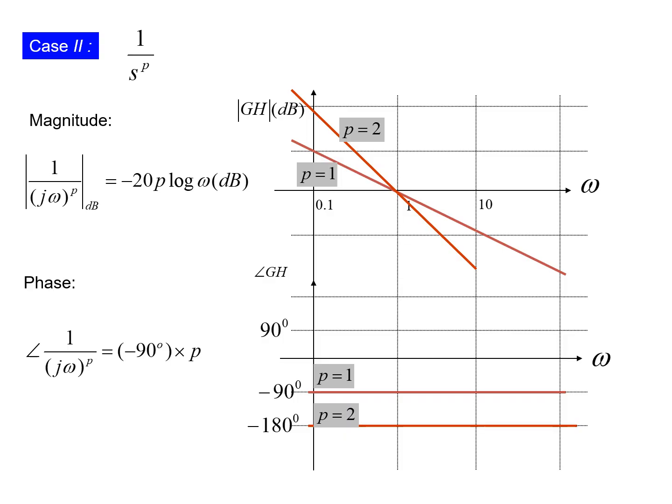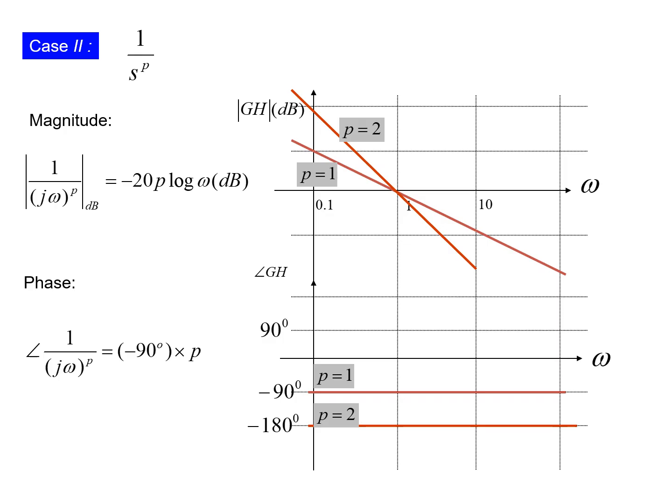It is equal to minus 20 p log omega dB. Why minus? Because the s is in the denominator part.